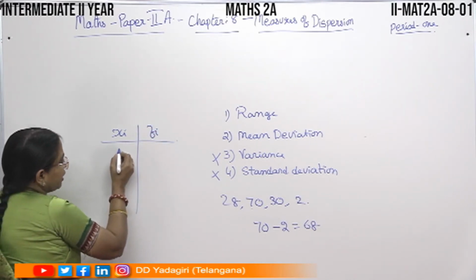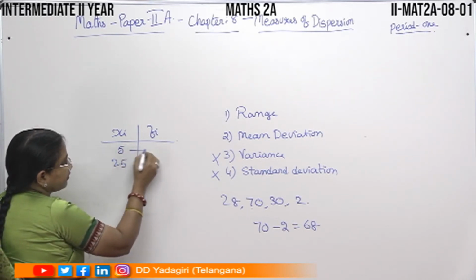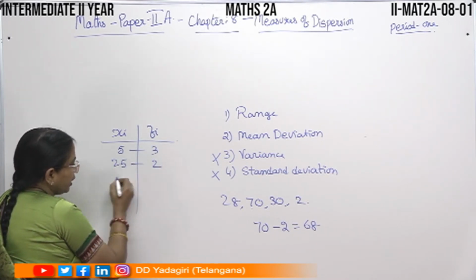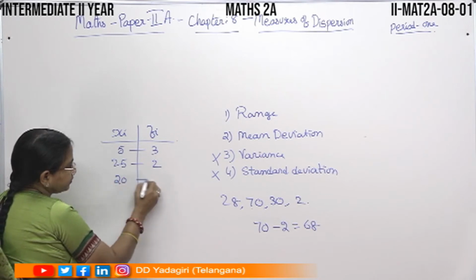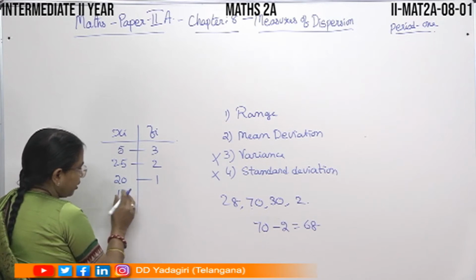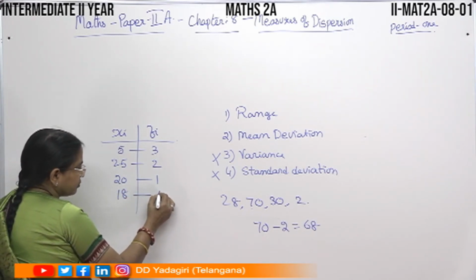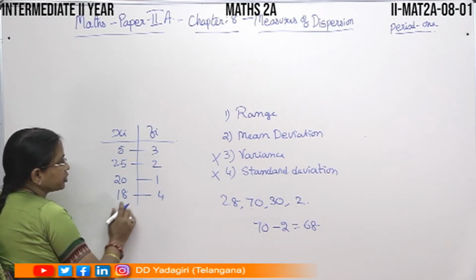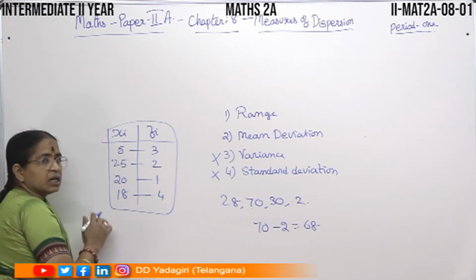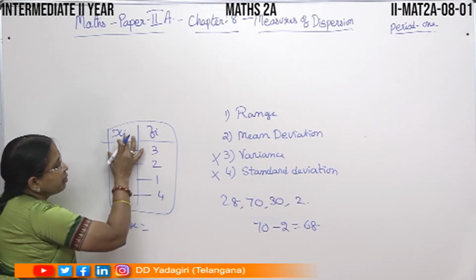In this case, you may have some values like 5 and then 25, 5 for frequency, it may be some 3, here it is some 2, and 20, it is 1, and then 15, or 18, any numbers, it need not be multiples of 5. 18, it is 4, like this. Suppose I have a distribution table like this, where xi and fi are given. Then in this case, the range is defined. Range is equal to the maximum of xi.